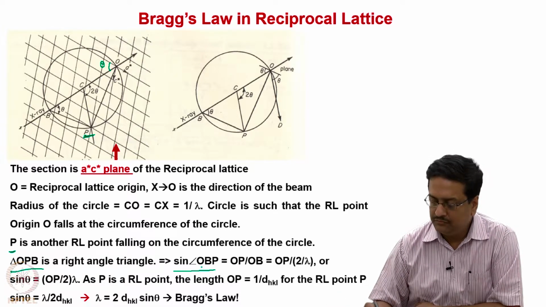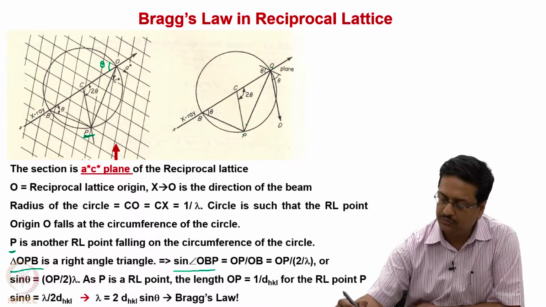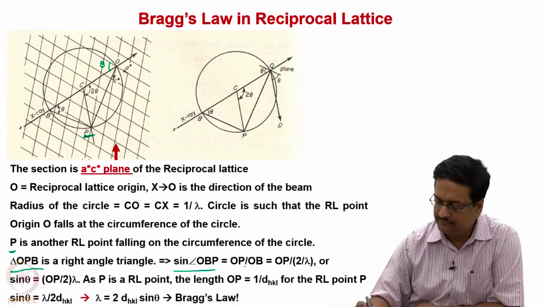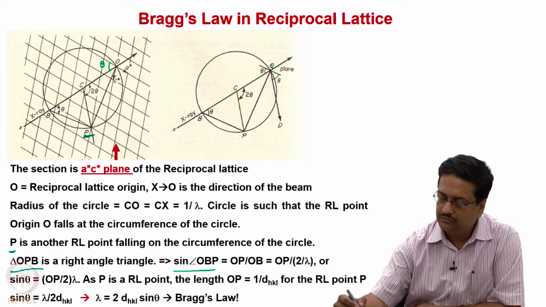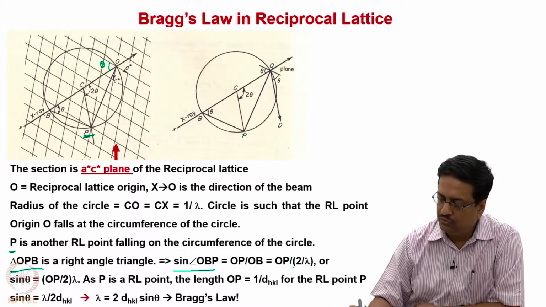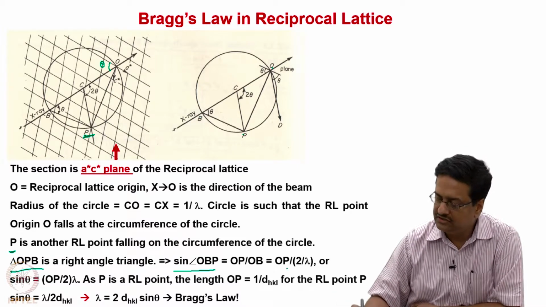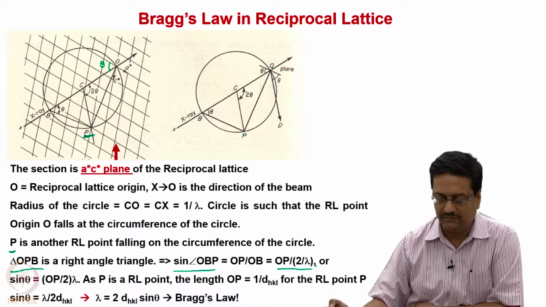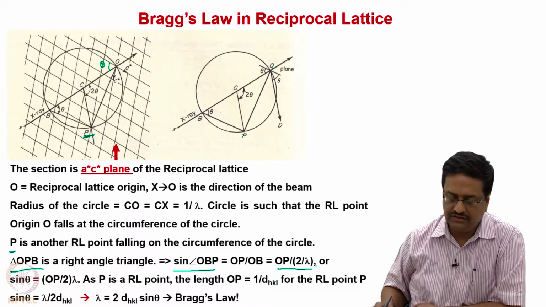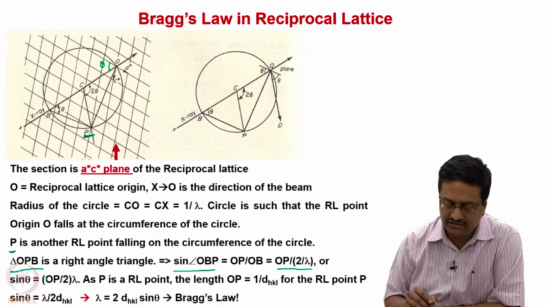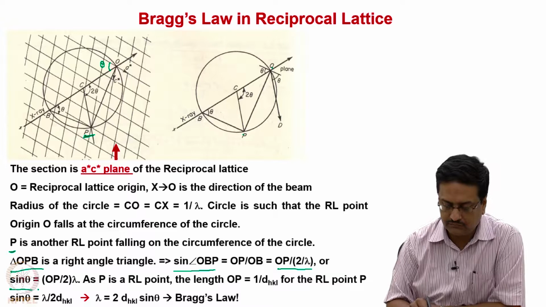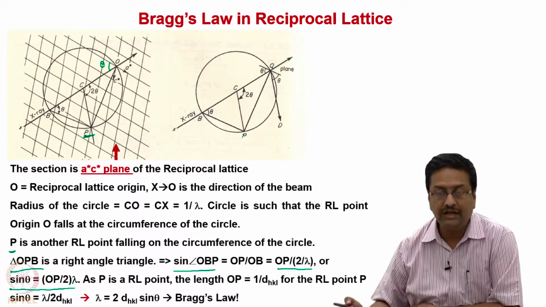So, sine OBP is equal to OP by OB, and now OB is nothing but the diameter of the circle, which is equal to 2 by lambda. So, we can rewrite as sine theta equal to OP into lambda by 2.